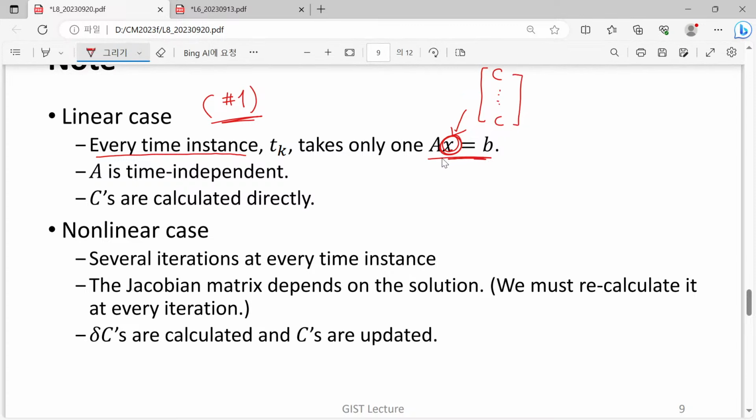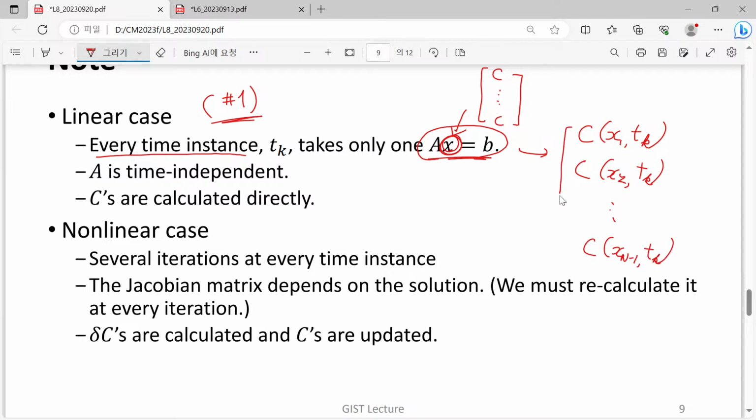So when you solve this Ax equals b system, you get c sub i at a certain t k and x 2 at the same t k, and you get every answer at time t k.